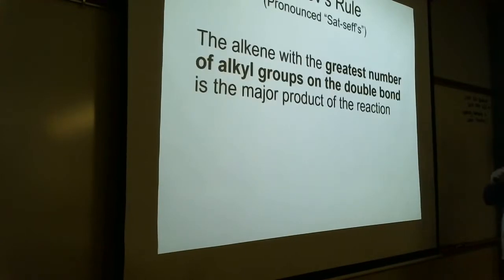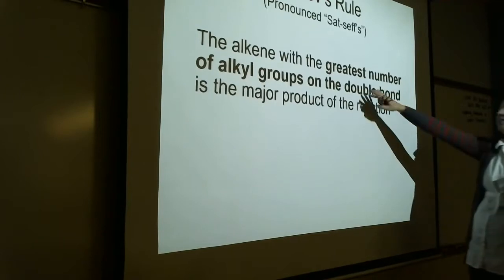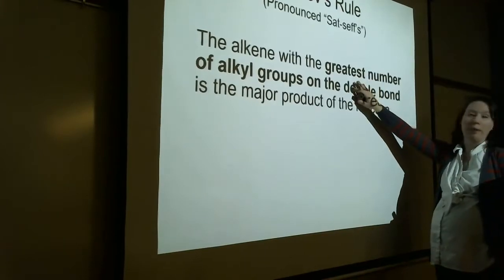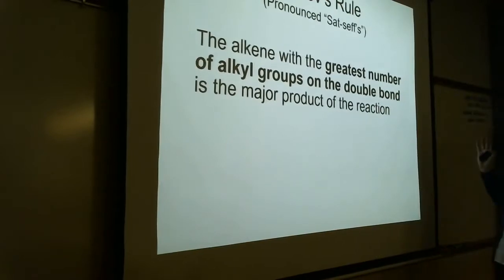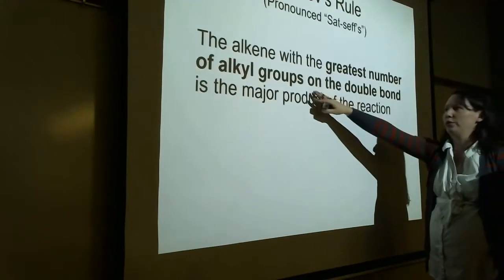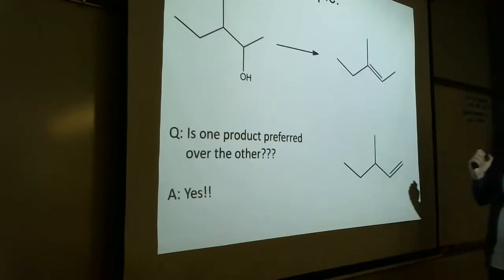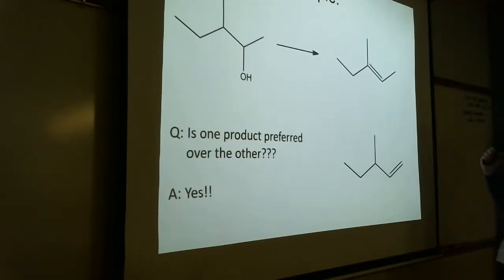All right, so Zaitsev's rule says the most substituted double bond is your major product. Most substituted, or greatest number of alkyl groups is how your book words it. So which one is more substituted or has more alkyl groups? Top one or bottom one?